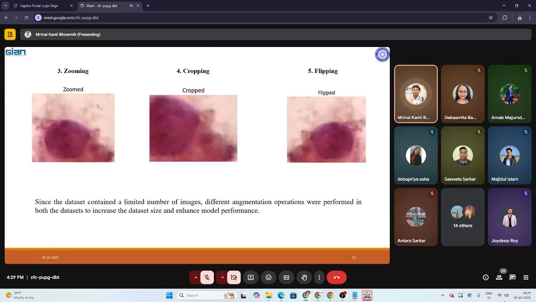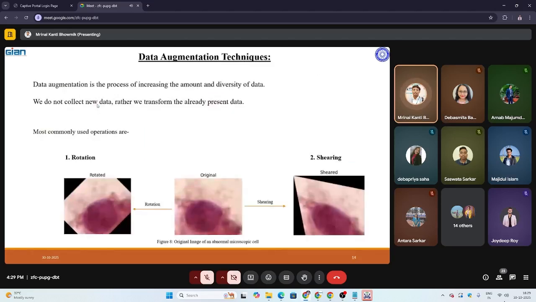I will be using a high-level dataset afterwards. So augmentation operations were performed in both datasets to increase the dataset size and enhance the model performance. These are some of the augmentation techniques which I have performed in my code.